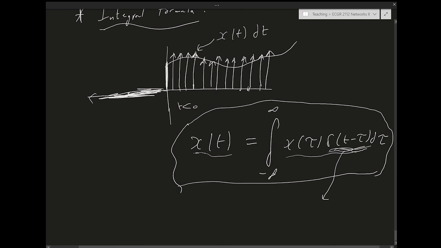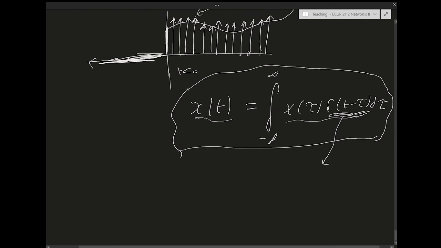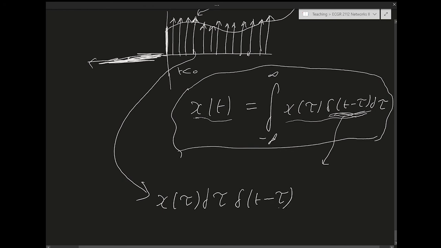Now the idea is that each one of those impulses or Dirac delta functions can be transformed easily. We already know how to transform each of those, right? T minus tau. We know how to transform this. This is a constant, by the way. So this is the value at a certain time times dt. This is infinitesimal, and we know how to transform this. So this transforms to what?